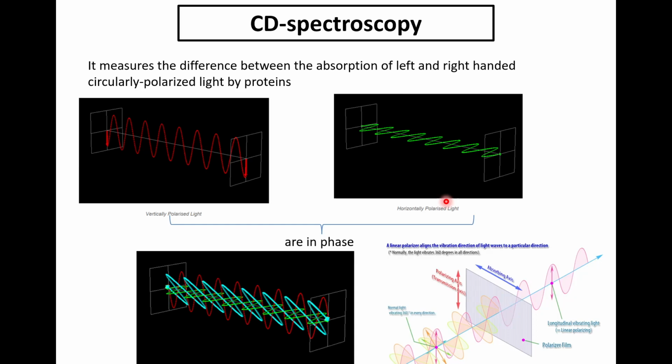It means there is a difference between the absorption of the left and right-handed circularly polarized light by any protein or any substance which you use for CD spectroscopy. So now one question should come to your mind: what are these polarized lights? What is this right-handed circularly polarized light and what is this left-handed circularly polarized light?